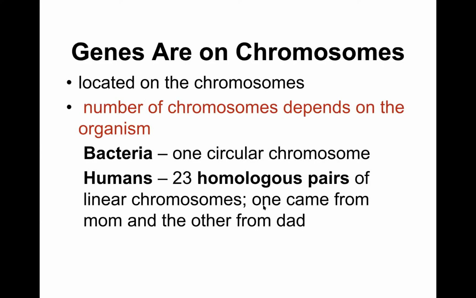Genes are located on the chromosomes. The number of chromosomes depends on the organism itself. For example, bacteria have one circular chromosome, but humans have 23 homologous pairs of linear chromosomes. One came from the mom and the other from the dad.